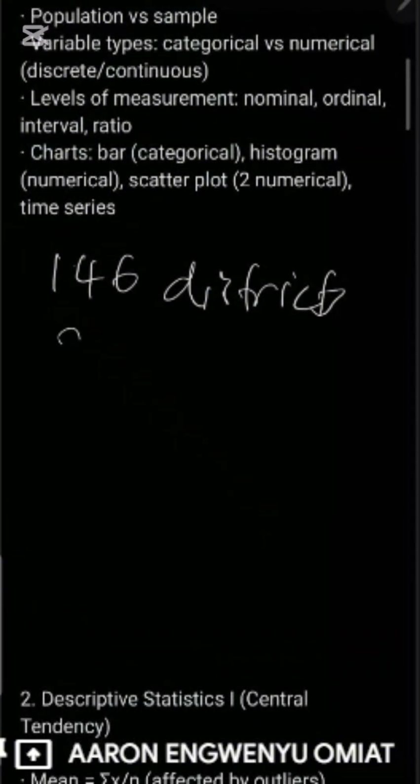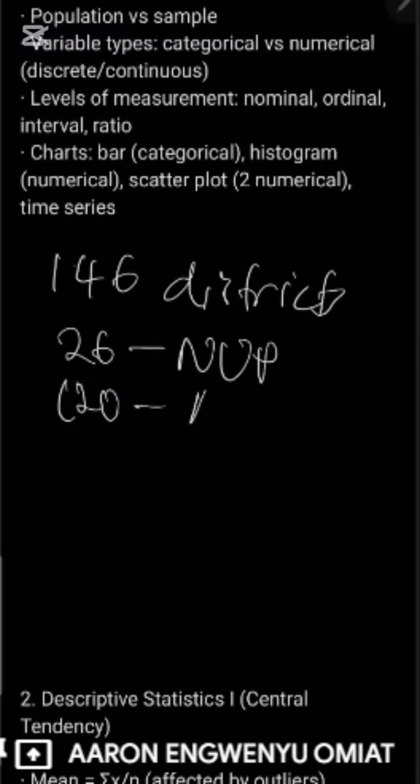And let's say 26 of them turned out to have the highest number of voters for NUP, and the remaining 120 turned out to be NRM. And we're to use this data to try to predict the election results.